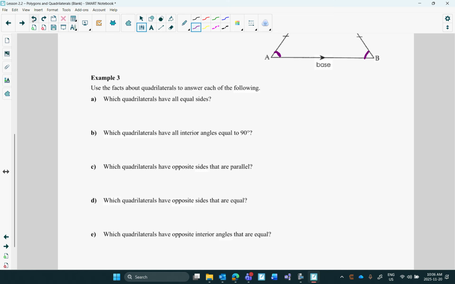There's another one. Oh, the rhombus. Rhombus. Square. Rhombus. Which quadrilaterals have all the angles 90 degrees? Square. Rectangle and square.